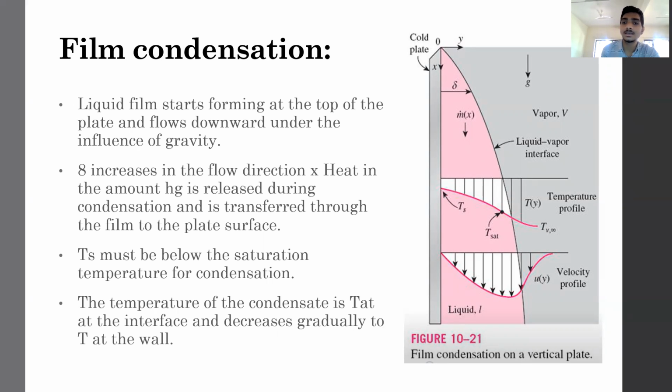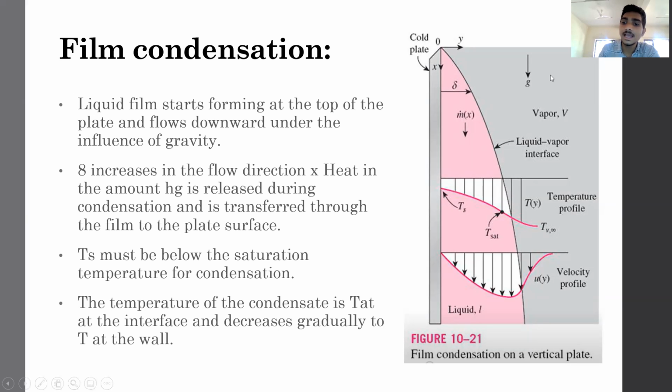So we can see the graph in which we can see the liquid-vapor interface at the start. We can see a cold plate, and the graph is divided into three parts: velocity profile, temperature profile, and liquid-vapor interface. What is acting downwards here is gravity.